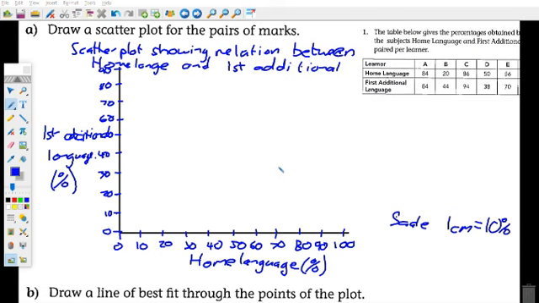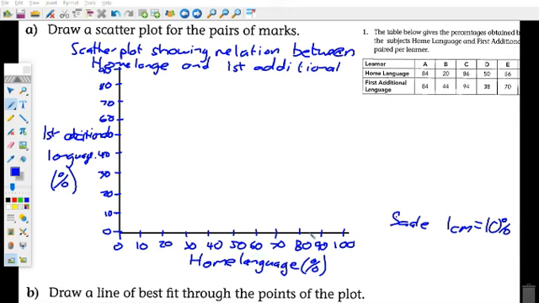And who got more than 84? Who got less than 84? Who got less than 20% for home language?